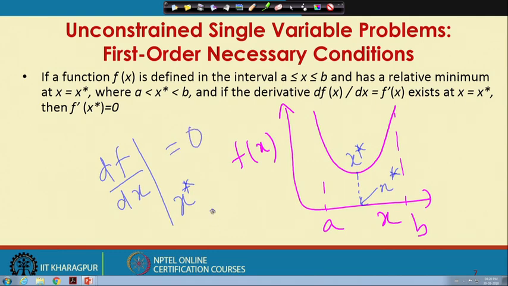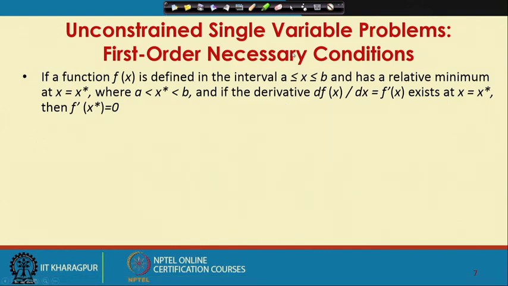This is also written as f prime(x star) equal to 0. So, this is the first order necessary condition for optimality. At a relative minimum f prime(x star) will be equal to 0, but we have more to say about it.